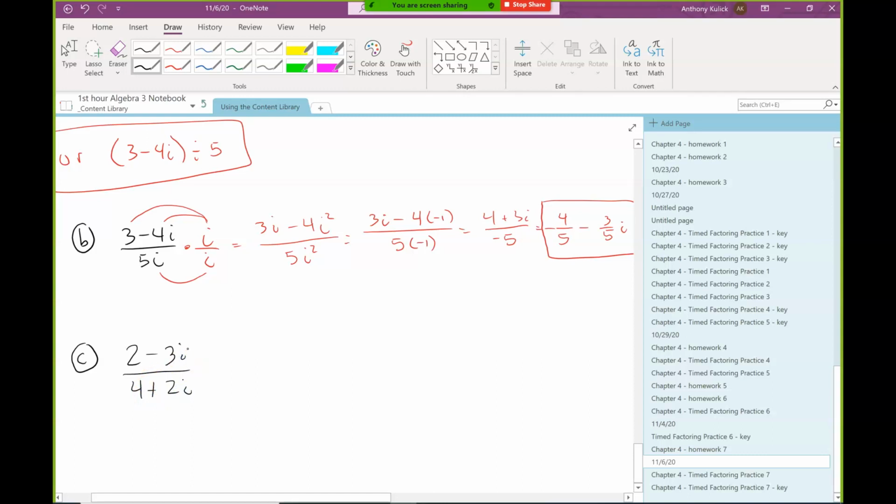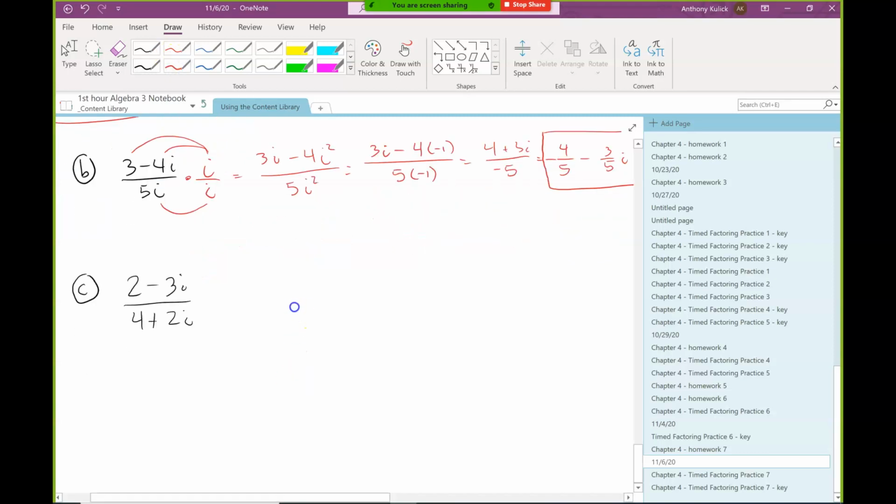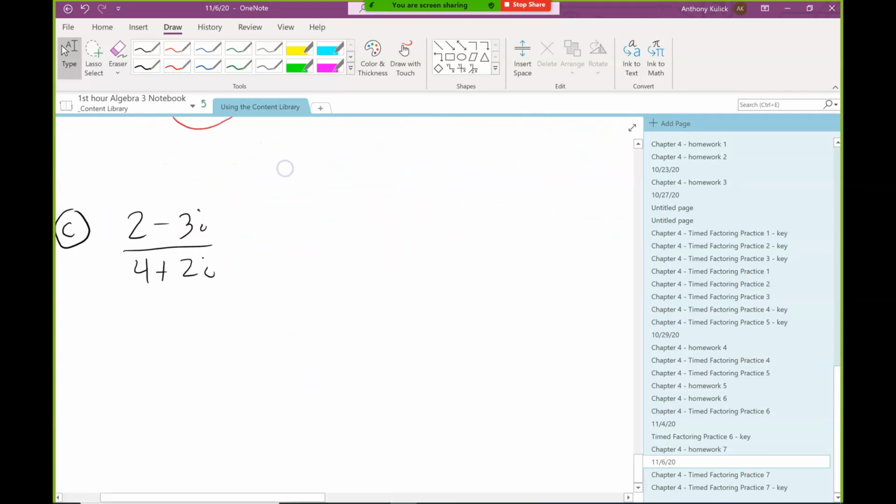Let's say we have (2 minus 3i) over (4 plus 2i). So first observation, multiplying the top and bottom by i is not going to be helpful for us.